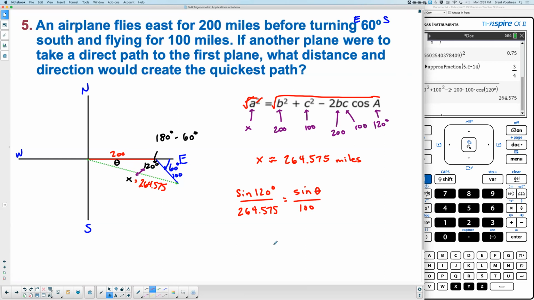You can then solve this or cross multiply, divide. I'll let you solve.